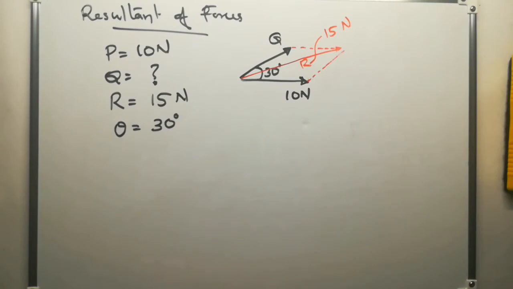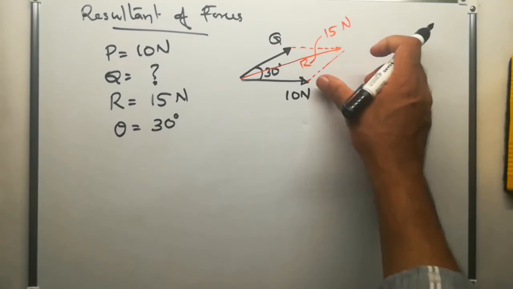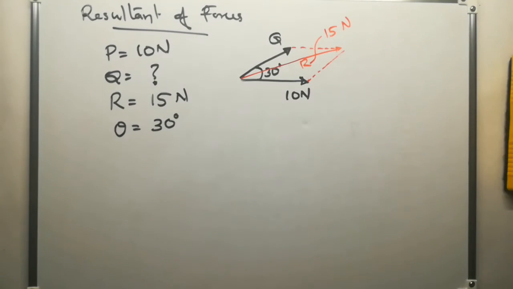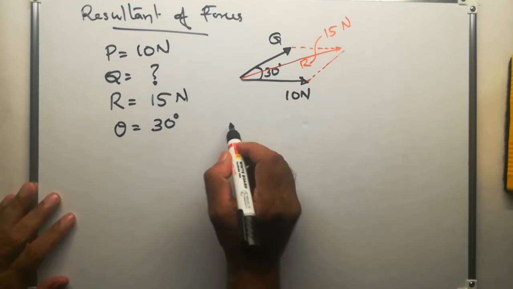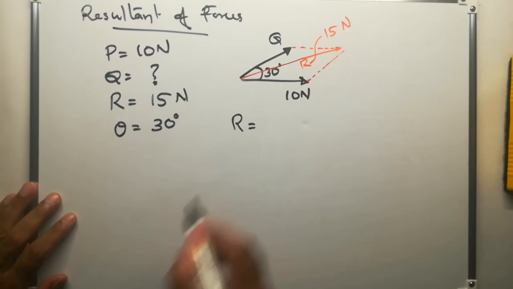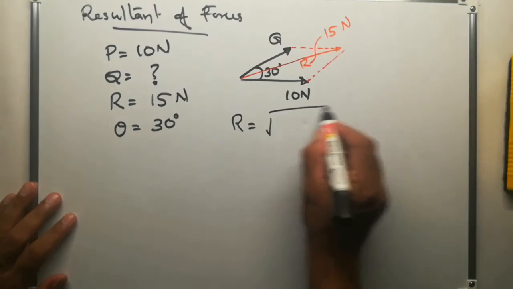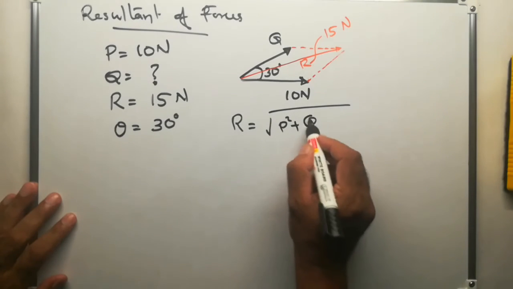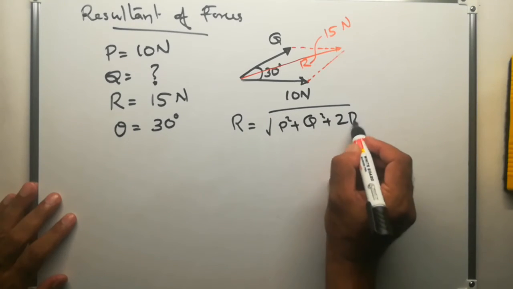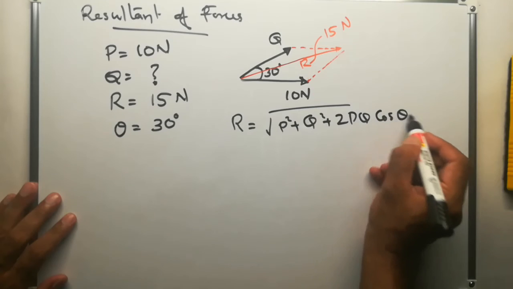So we know the equation for forces acting on the adjacent sides of a parallelogram. The equation is: resultant R is equal to the square root of P square plus Q square plus 2 PQ cos theta.